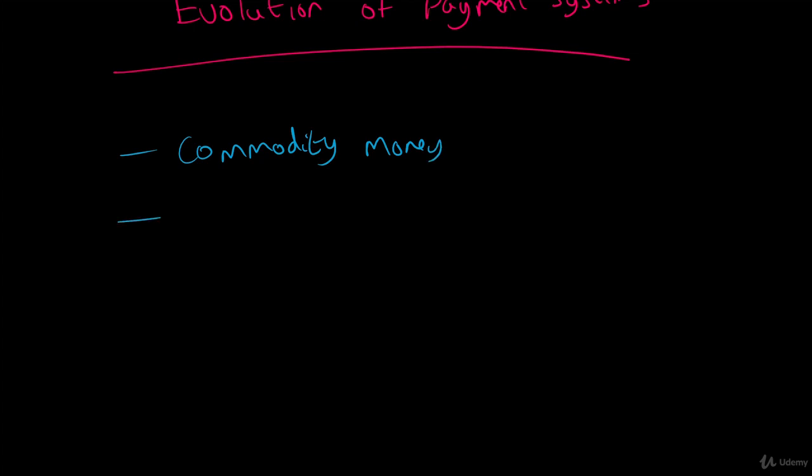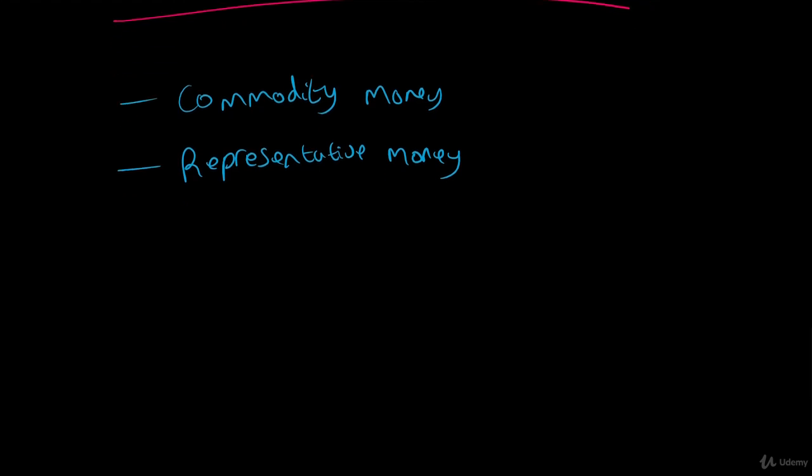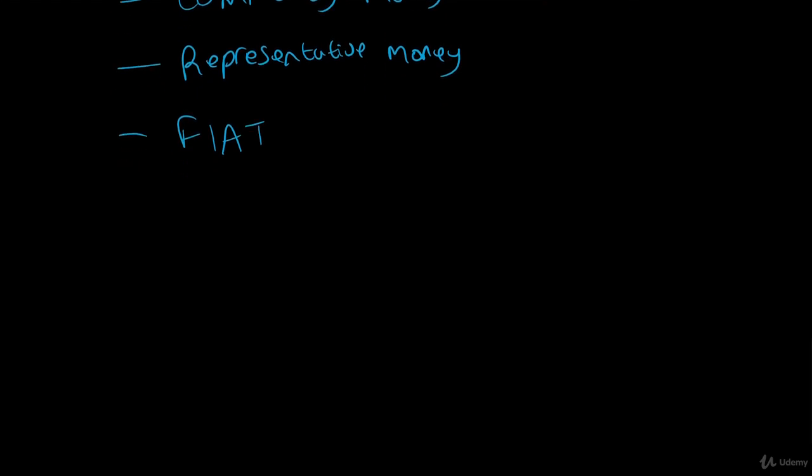Then there was representative money. So this built on top of the commodity-based money, basically just creating an abstraction layer. Then there was fiat money, which is what a lot of the world uses today.